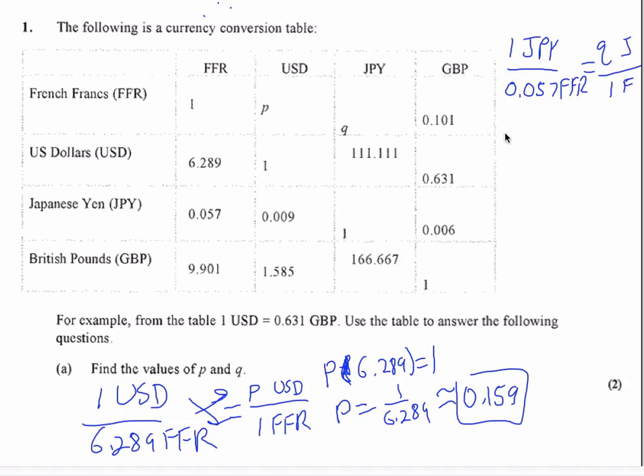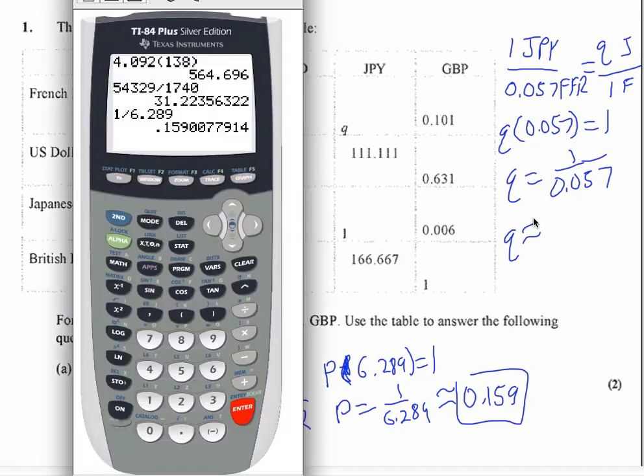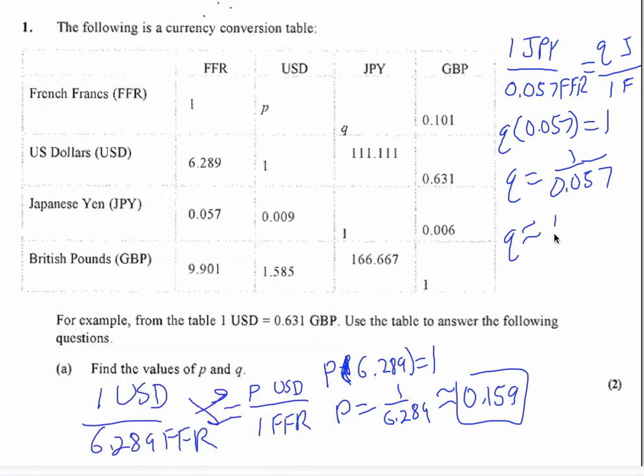We cross multiply, we get Q times 0.057 equals 1, so Q equals 1 divided by 0.057. Let's do that: 1 divided by 0.057 gives 17.54. Let's go to three decimal digits: 17.544.